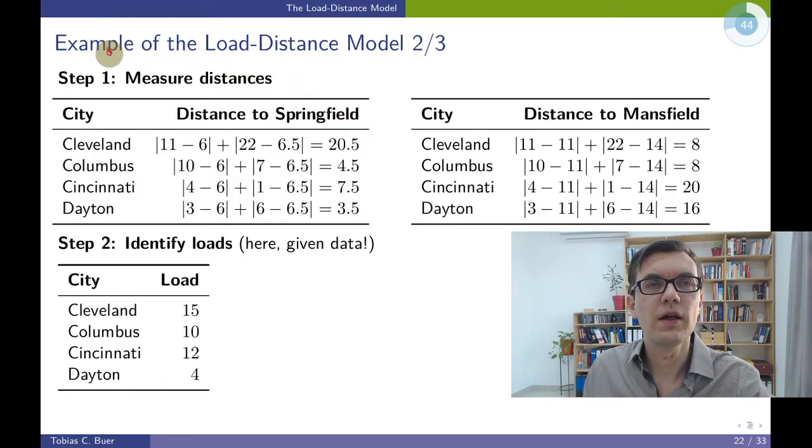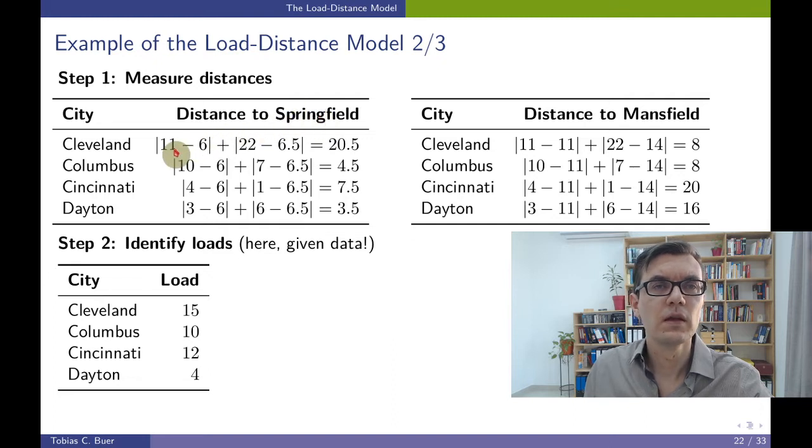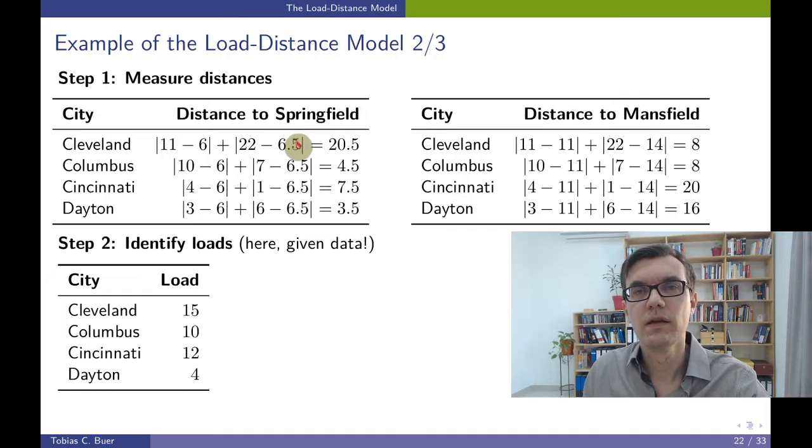Okay, how are the distances measured for step 1? Now these are our 4 existing stores, and this table shows you the distance to Springfield. The second part, the y coordinate and the x coordinate that are subtracted, are always the same because these are the coordinates for Springfield.